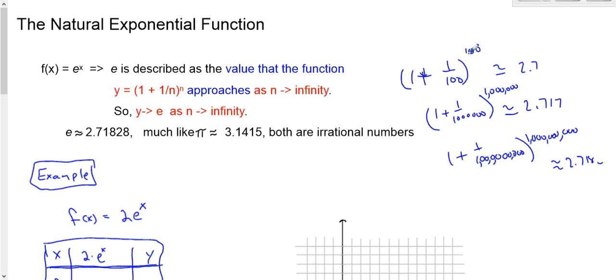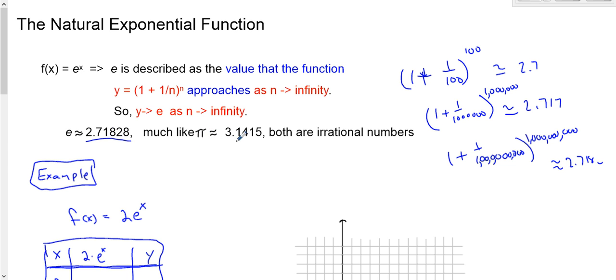And so the higher that value of n is getting, the closer and closer we are getting to this value of e, which is approximately 2.71828. Now I didn't calculate this function here. I know it's just going to be close to 2.7. The value of e is basically the same thing as thinking about the value of pi.